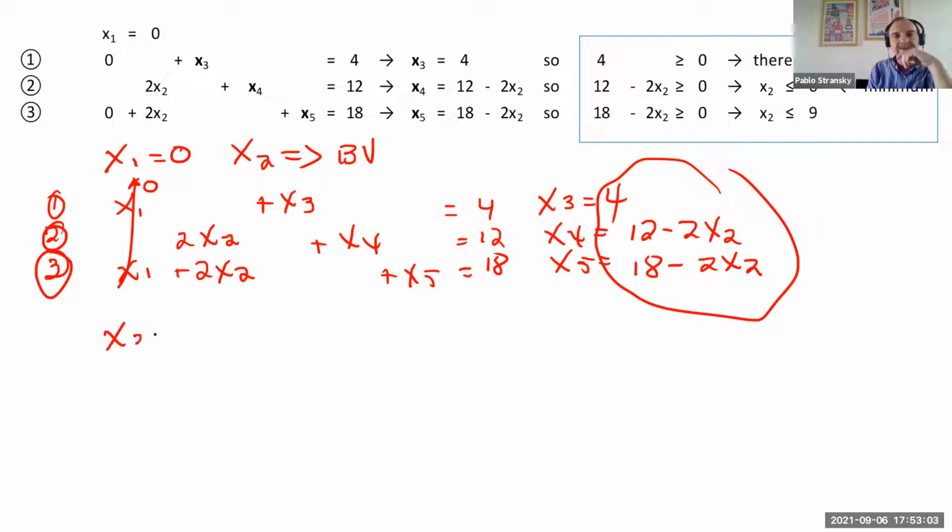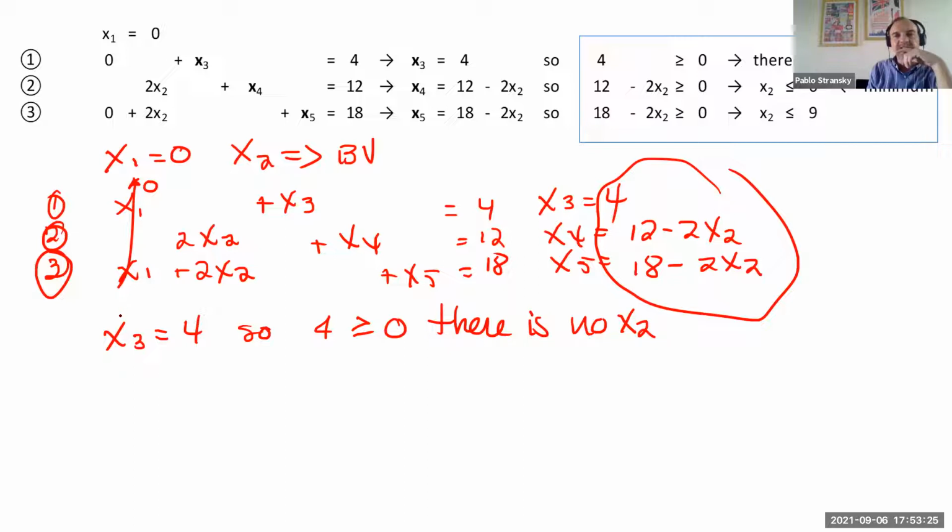For x3 equal 4, there's not much to do over here. So 4 will stay, greater or equal to 0, because there is no x2 here.